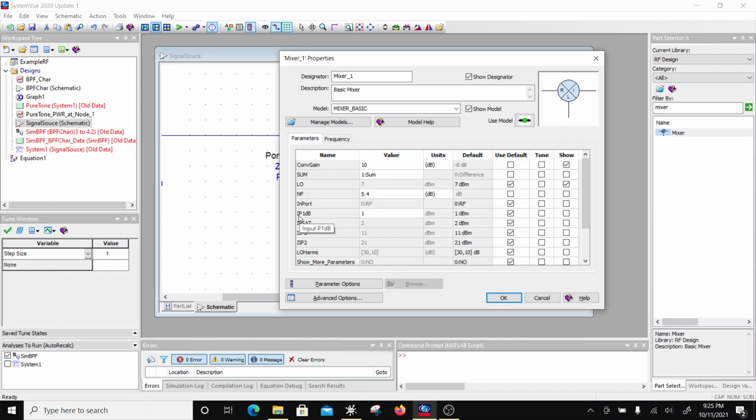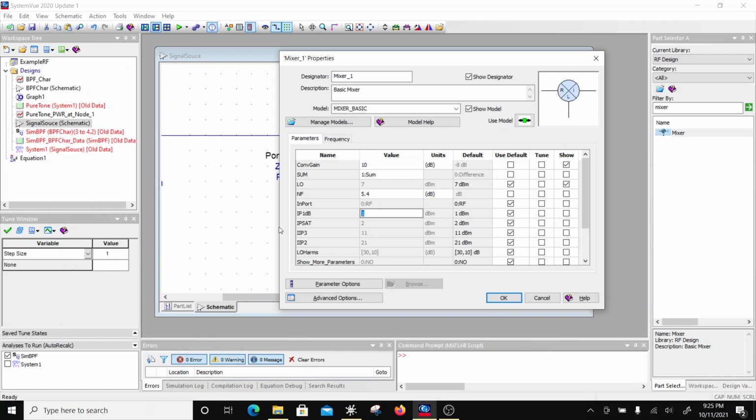Now here P1dB is the 1 dB compression. So let's say my input power is minus 50 dBm. Now how do you get this number, minus 50 dBm? Actually this is the output of a DAC, so the DAC output may be in microvolts or something like that.